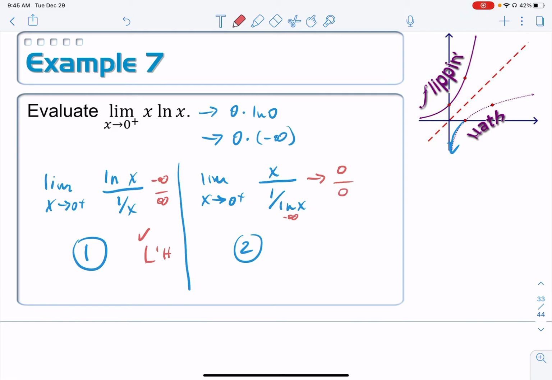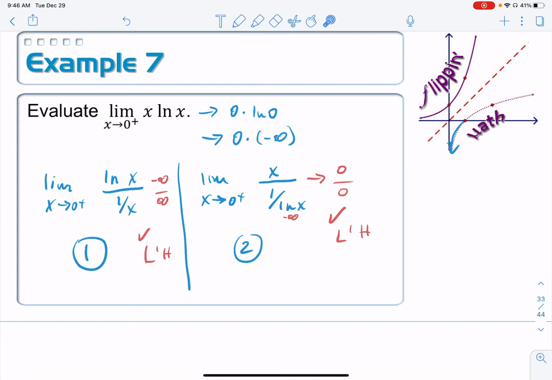So we have our two indeterminate forms, both of which are a check for L'Hopital's rule. This is always going to happen. If it's 0 times infinity, then depending on which one you put in the bottom, you're either going to get an infinity over infinity or 0 over 0.